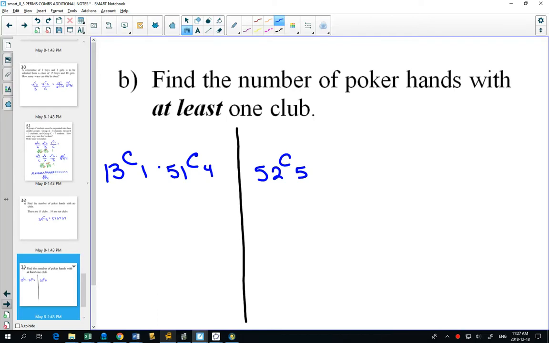And I just counted in A that there was 39, choose 5 with no clubs. So if I use the NOT strategy and take all the poker hands and subtract the ones that have no clubs, I'm going to be left with poker hands that have at least 1 club.